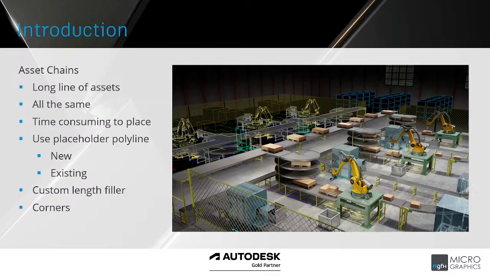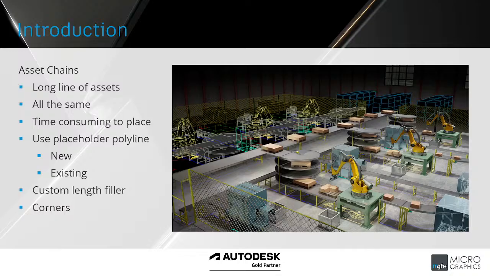So if we look at asset chains, basically what we're looking at is a long line of assets. Conveyor belts being the most popular example. You could have a long line of conveyor belts with a turn and then another long stretch of conveyors with multiple turns. And they're all essentially very similar or the same as far as the asset goes. And it can be time consuming to place down. So what asset chains allow us to do is use a placeholder polyline.